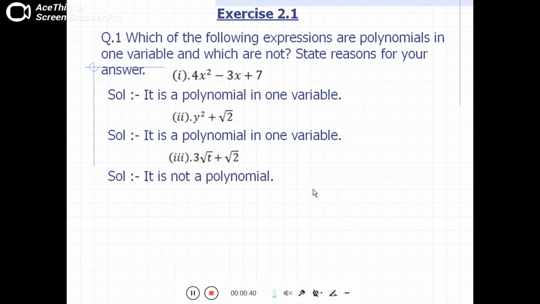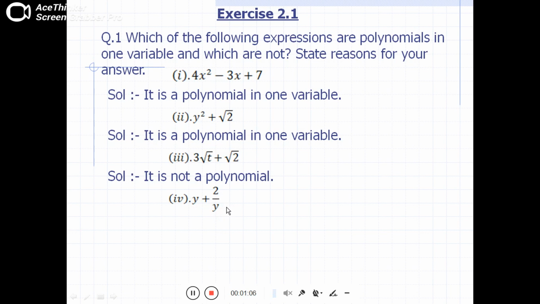See the fourth part. In fourth part, your expression is y plus 2 upon y. Here it is one variable, but the exponent of this y is 1, and here the power of y is minus 1 because it is written in the denominator.